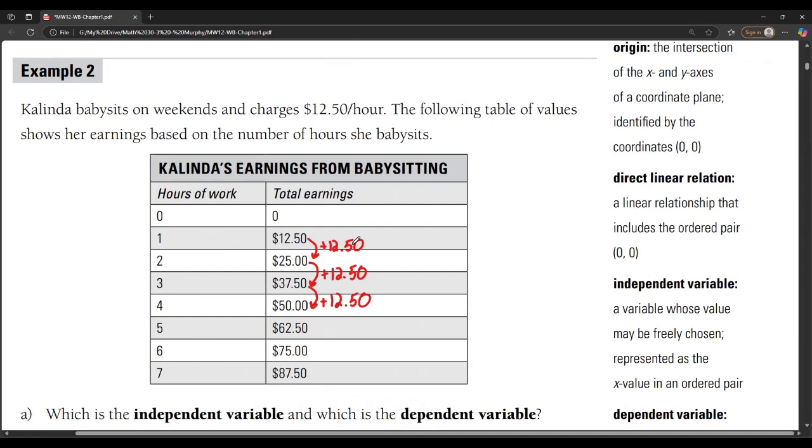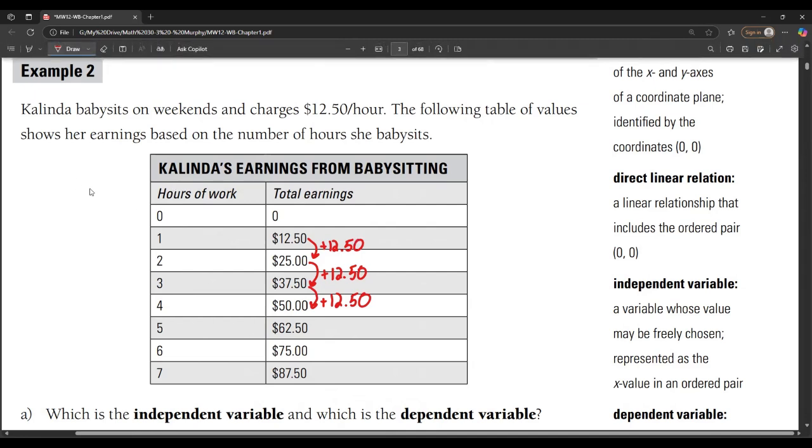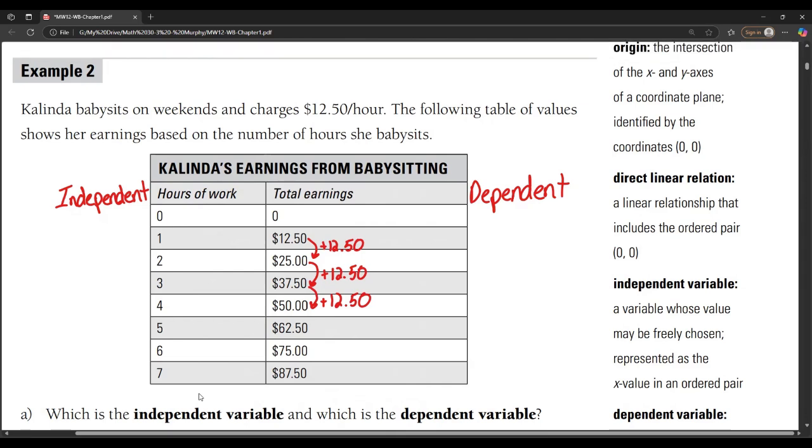Back to the independent and dependent variables, hours of work is the independent variable. And total earnings is your dependent. The way to think about that is that time is going to move forward independently.